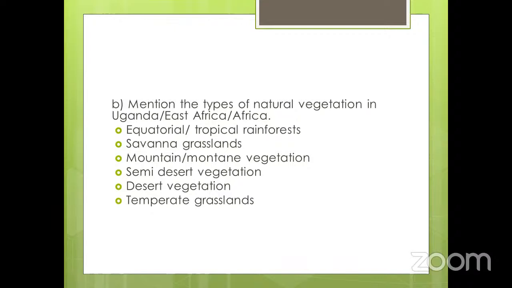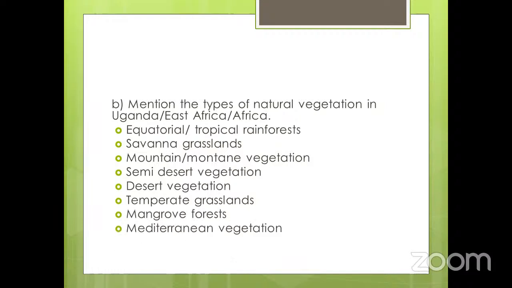In the northern, we have the Sahara. Then in the southern, we have Kalahari and Namib.